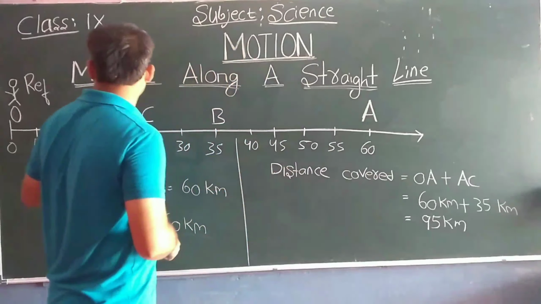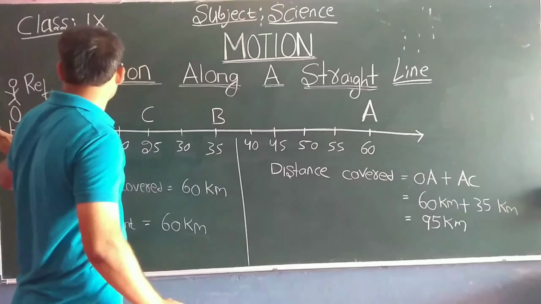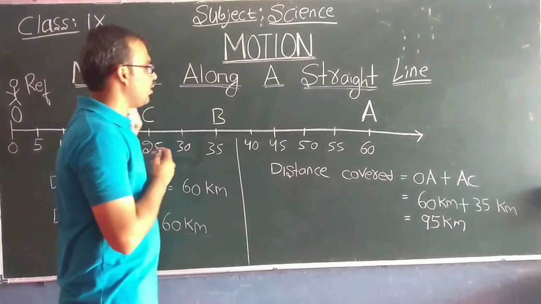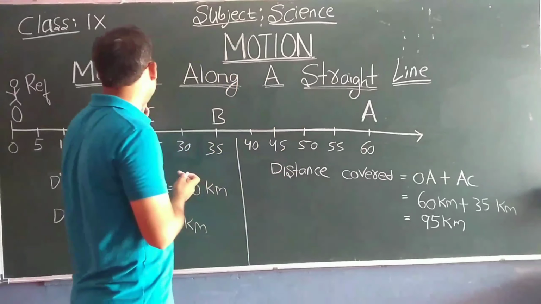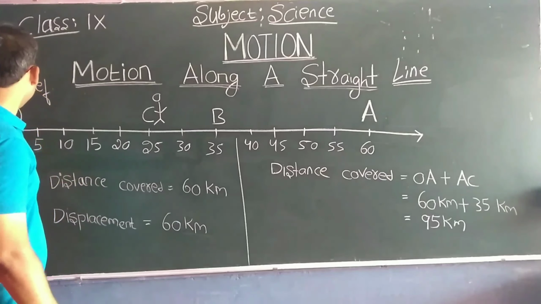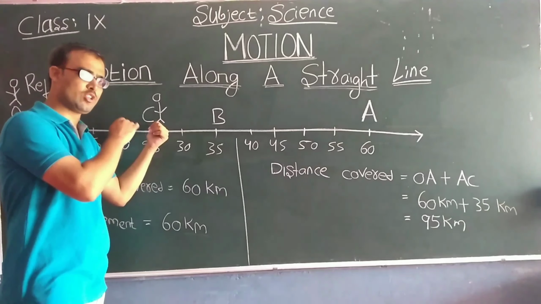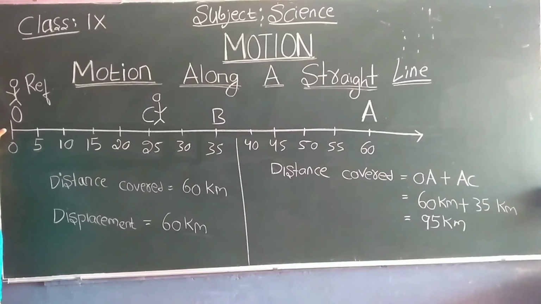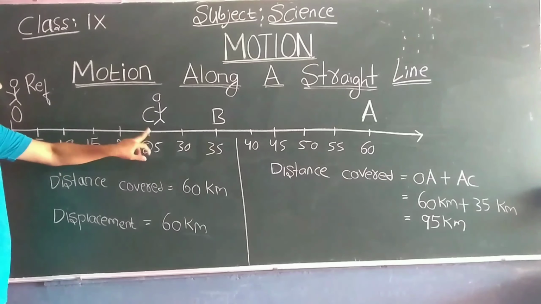In this case the man travels from O to A, and after reaching A he comes back to C and stops there. So the initial point is O and the final point is C.